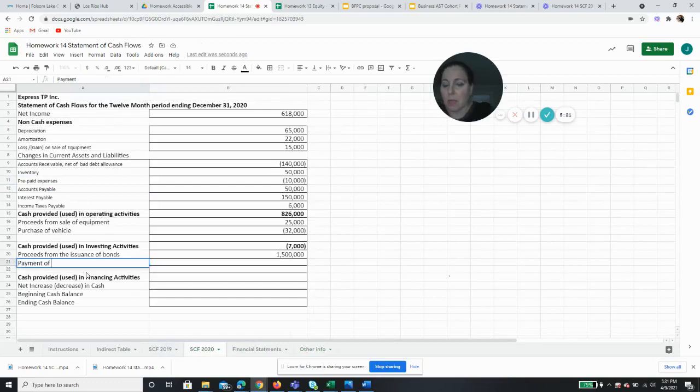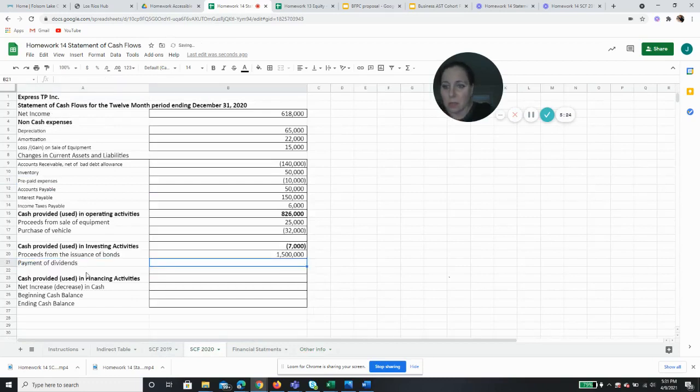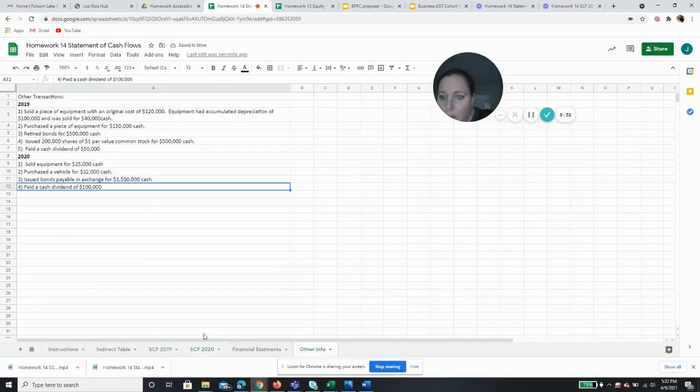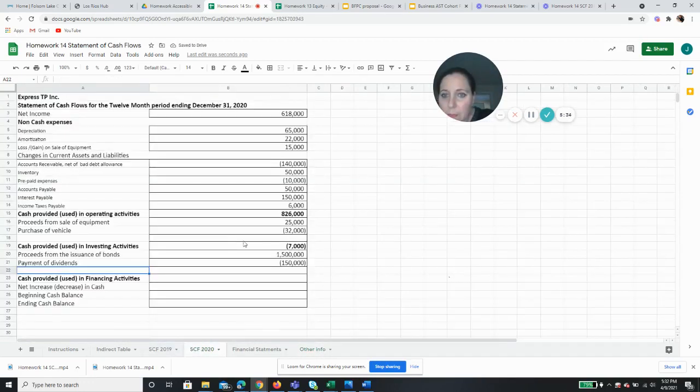So payment of dividends, and that was $100,000. Okay. So our cash from financing activities, we brought in $1.4 million.